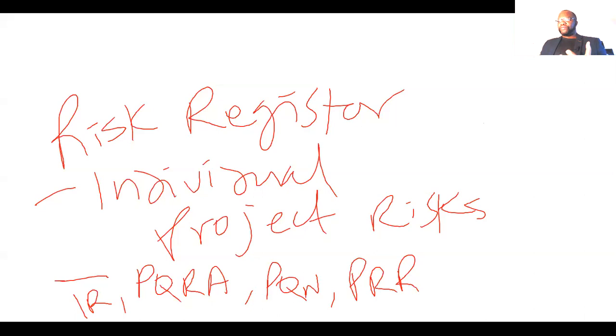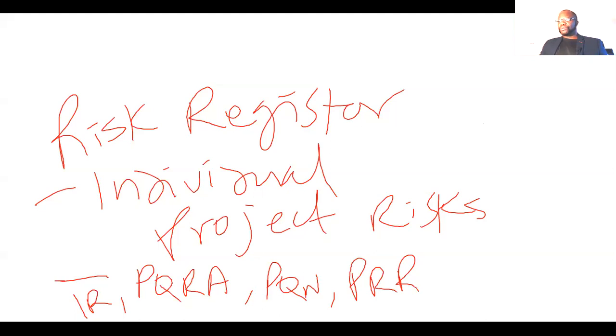So the moment you identify risks, you capture them. When you do your qualitative risk analysis, you capture the information. When you do your quantitative risk analysis, you capture the information. When you do your plan risk responses, you capture the information. And what else?